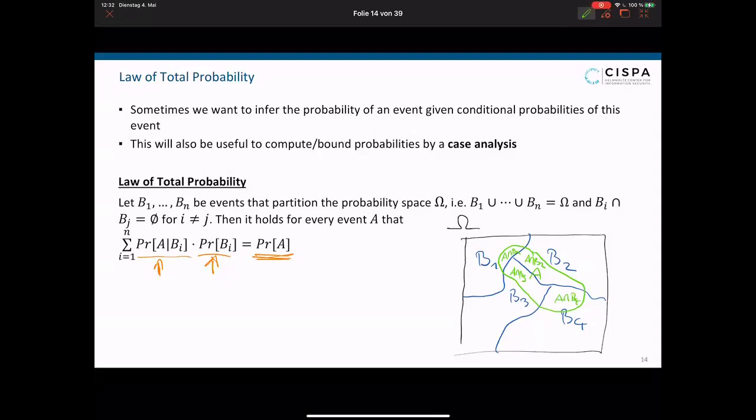And the law of total probability really just says, if we reinterpret it in terms of, let's say, instead of probabilities, cardinalities of these sets, it just says that the cardinality or size of A is the sum of the sizes of these A intersect Bi, as what we have on the left side here of the law of total probability.